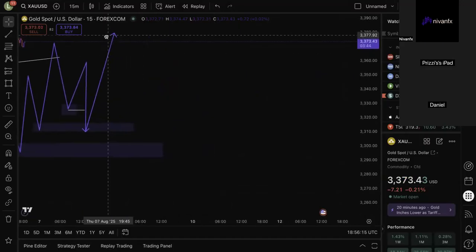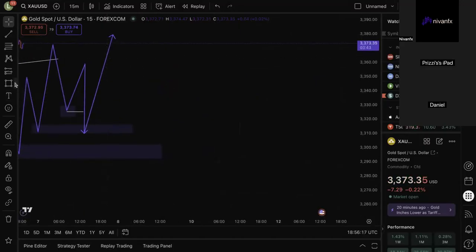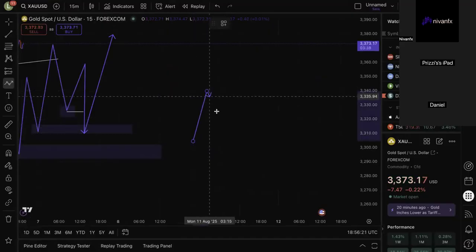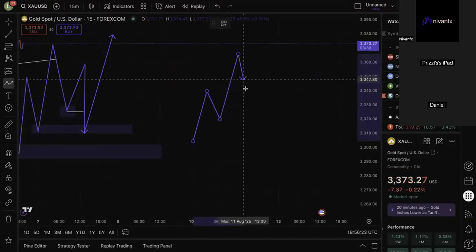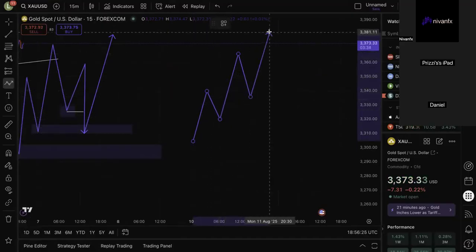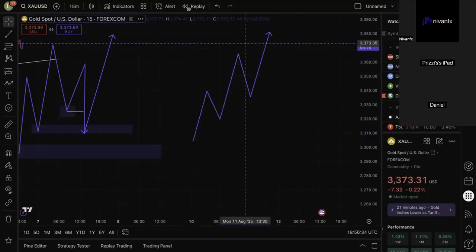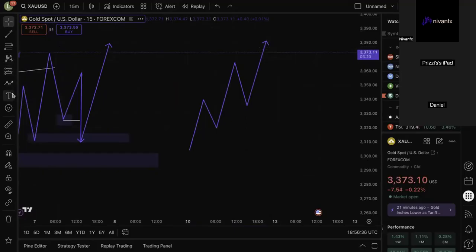That is, if we have a market moving in this direction, creating higher highs, higher lows, higher highs, higher lows. Remember, I said we always buy from a higher low. So now let's say that we have our area of interest at an order block at this level.